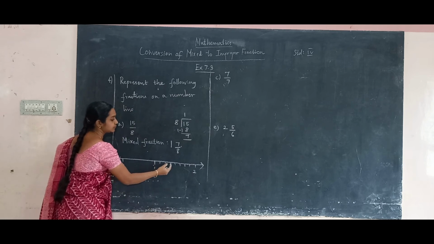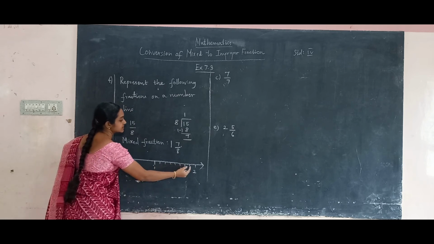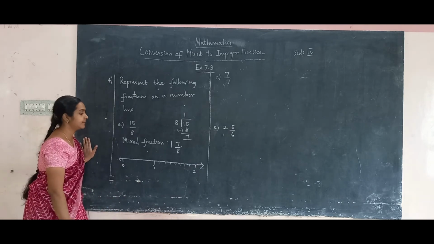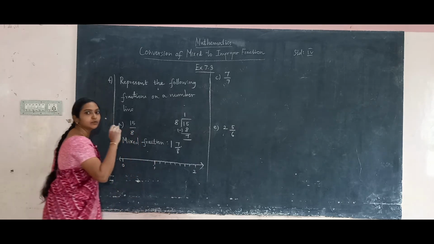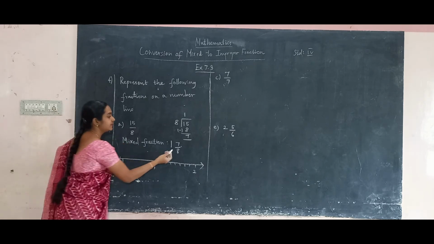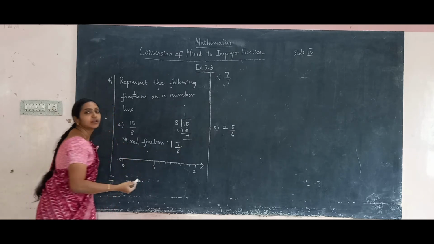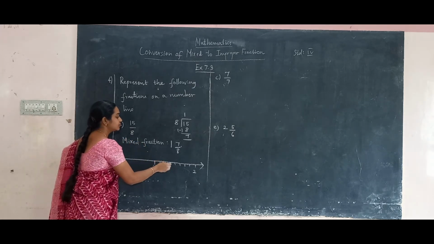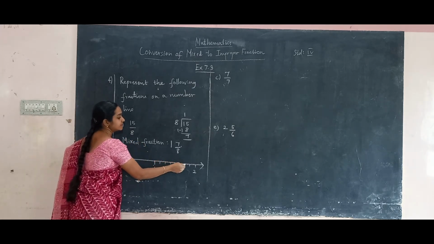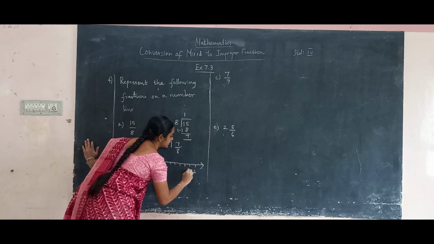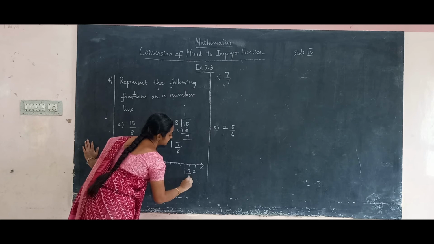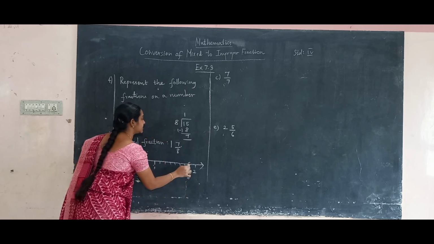We have divided into 8 equal parts. And we have to look at the 7th part because 7 is in the numerator. 1, 2, 3, 4, 5, 6 and 7. This will be 1 and 7/8. Here it is.